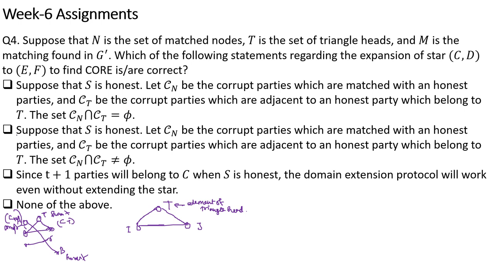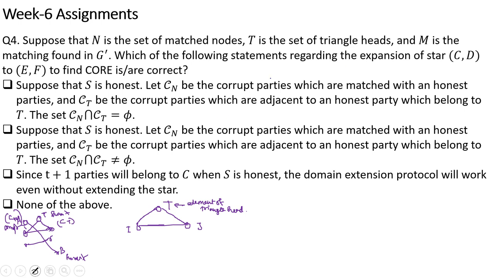So the first option says that Cn intersection Ct is phi. The second option says that it's not equal to phi. So phi denotes the null set, right? So if there is any element common between Cn and Ct, that we need to figure out. Also note that in the NT-star finding algorithm, we always deal with the complement graph G prime instead of the original graph.